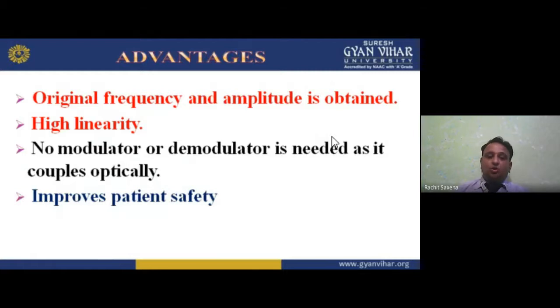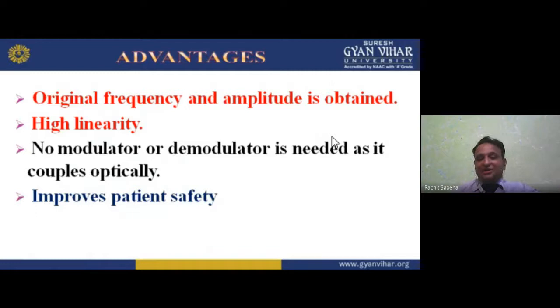No modulator or demodulator is needed. Now, in the previous part, the capacitor coupled isolation amplifier, we need a modulator and demodulator. Why do we need a modulator? Because first we have to do the frequency modulation.